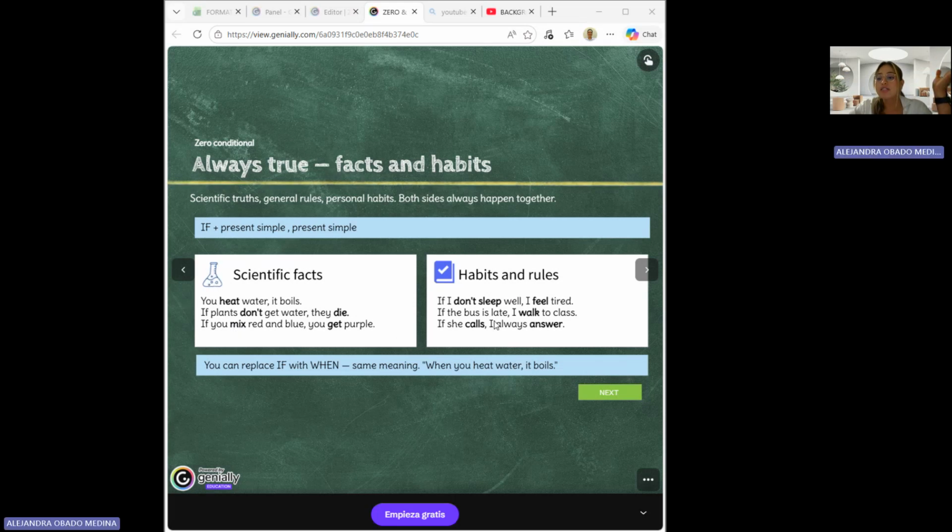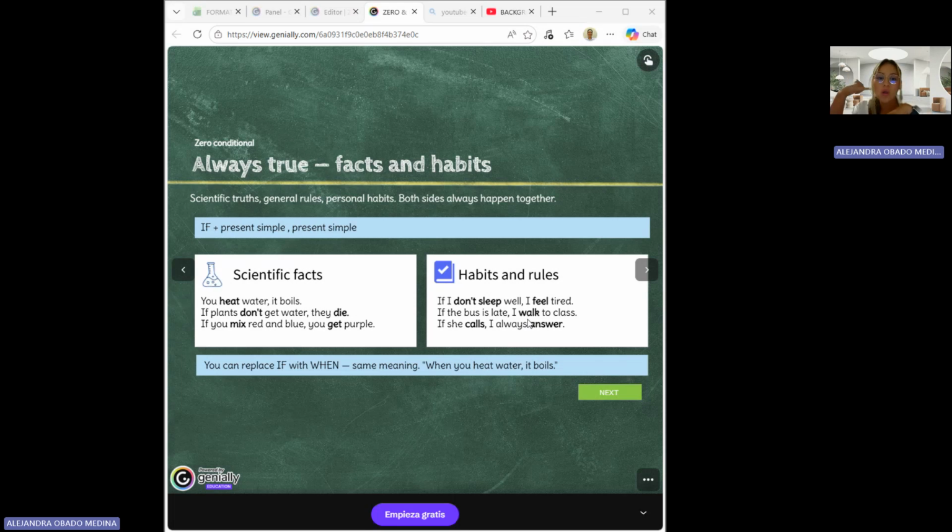And now habits and rules. These are also zero conditionals. If I don't sleep well, I feel tired. I feel tired every time, all day. If the bus is late, I walk to class. My habit, my rule.